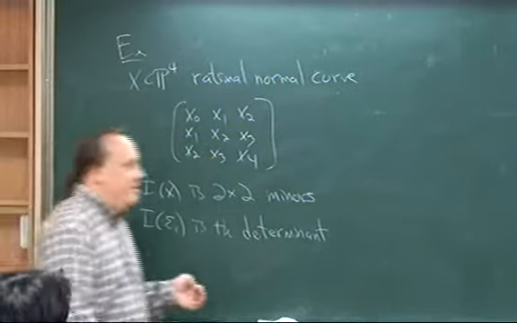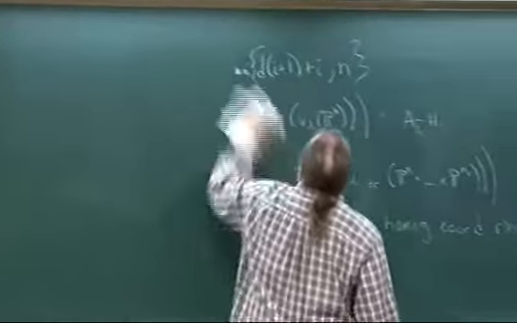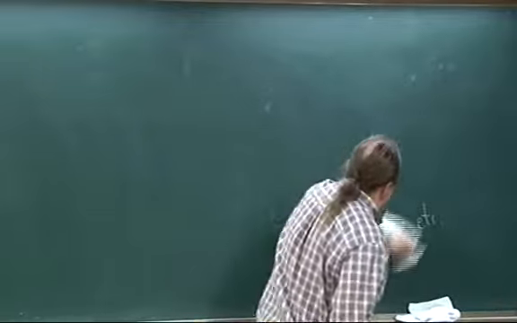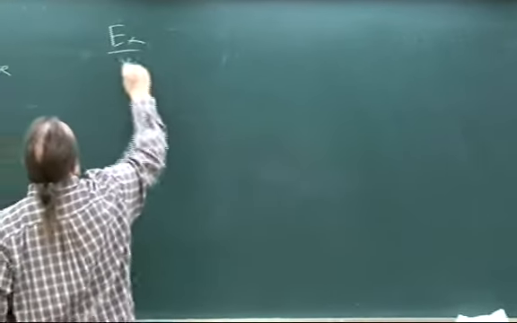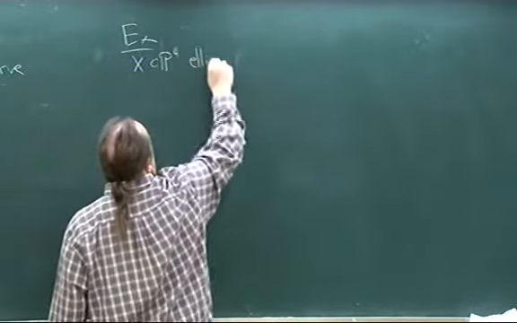In general, for curves in P4, we have some understanding because the secant varieties are all hypersurfaces. We know the degree. You take, for example, an elliptic normal curve.